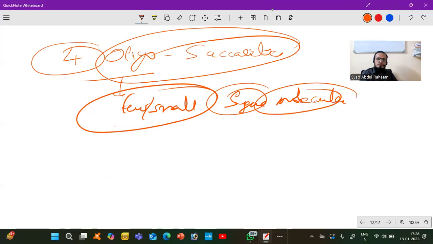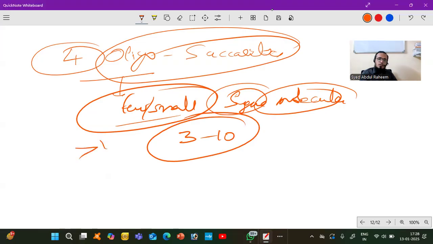Here the amount is between 3 to 10, but in poly, mostly more than 10. We can assume that. Okay. So here 3 to 10 molecules are present.